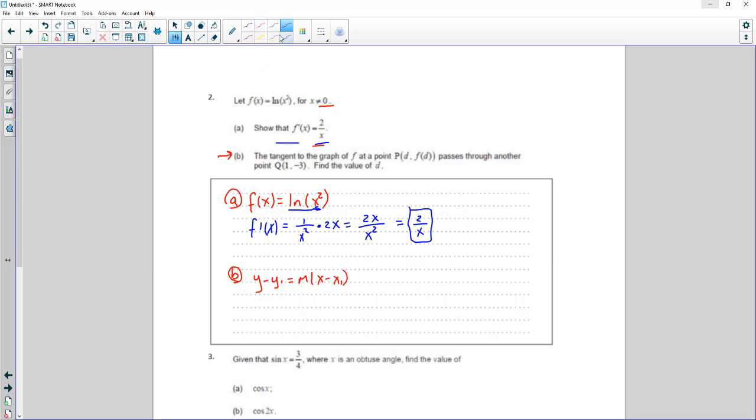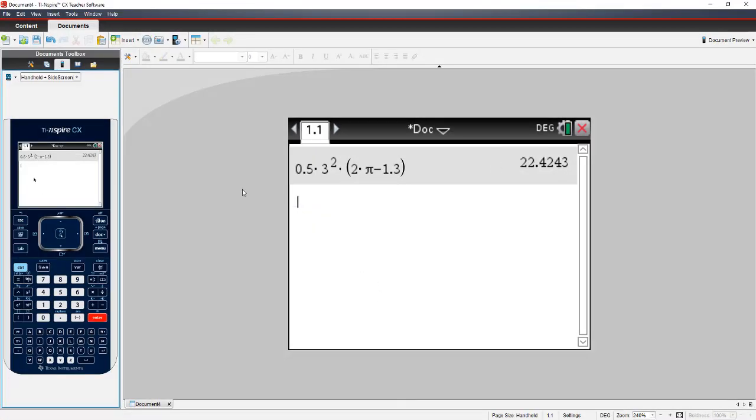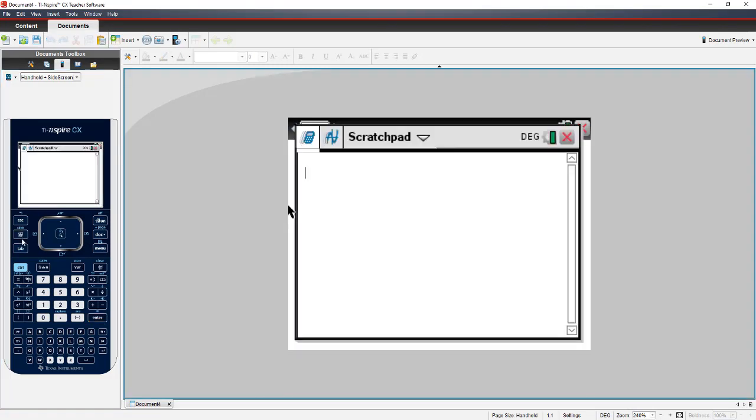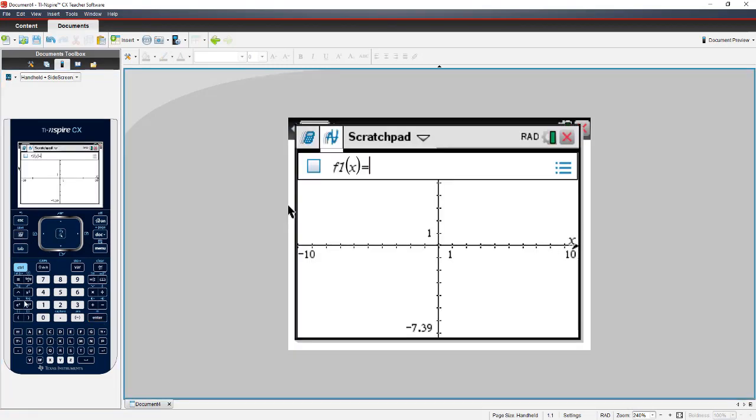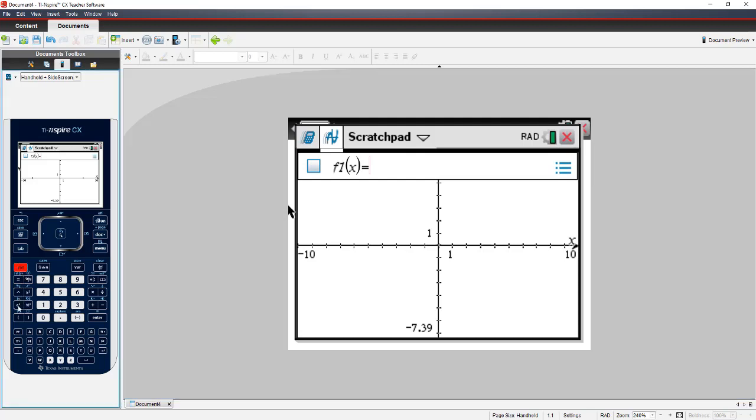If I have a tangent on some sort of graph, and technically this is the graph of f, you could get out a calculator and see what that graph looks like. We'll just do the scratch pad here, and let's graph the natural log of x squared.